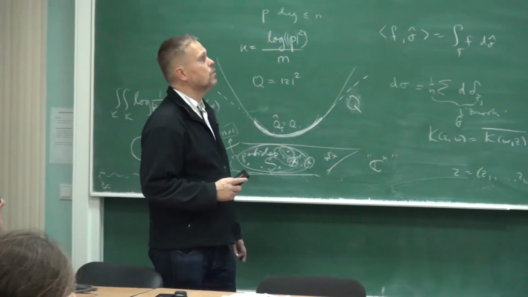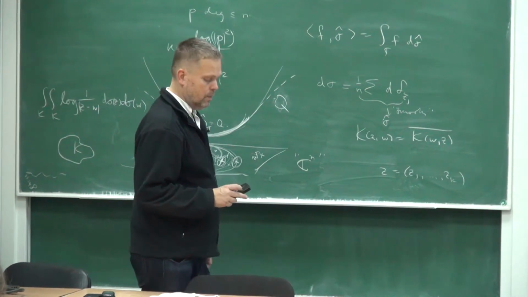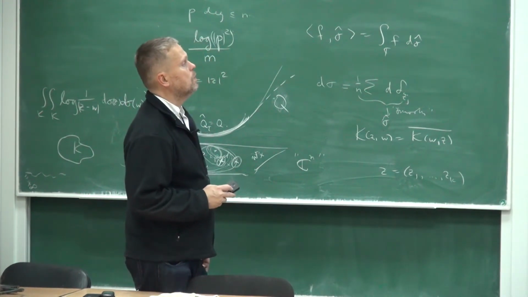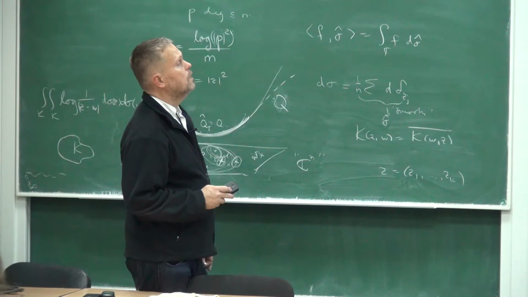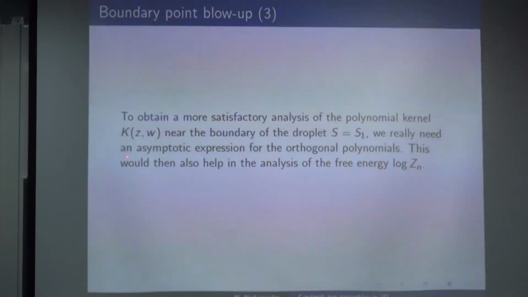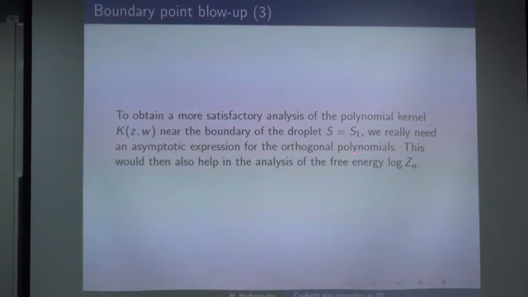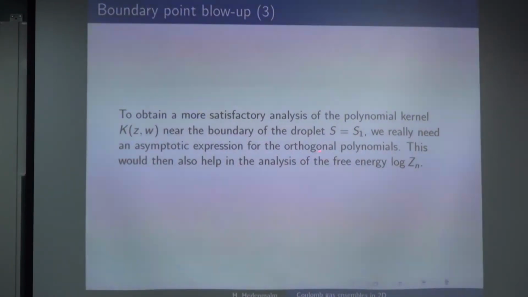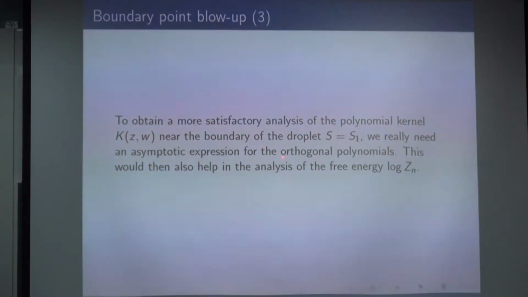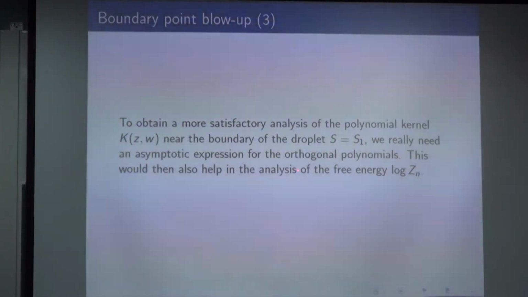So some words about what to do with the boundary points, because the interior points we understand quite well. What you really need is some reasonable asymptotic expression for the corresponding orthogonal polynomials. This is possible and well known to do in, let's say, the Hermitian case, but here in this complex case, it's difficult.